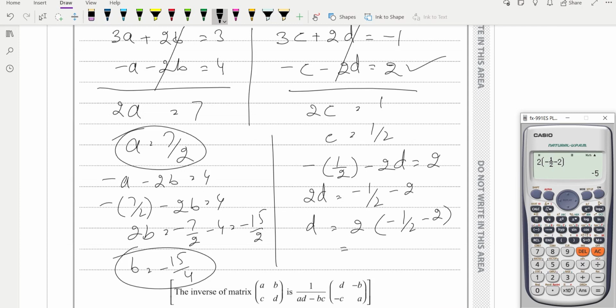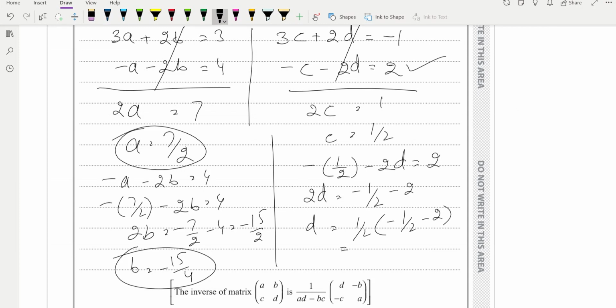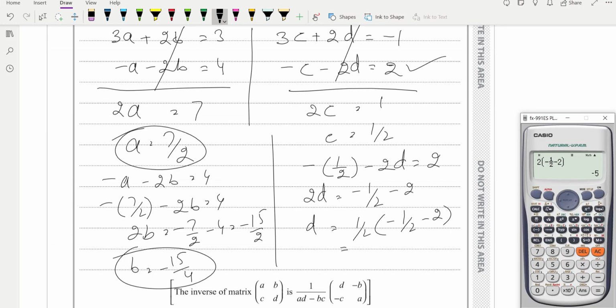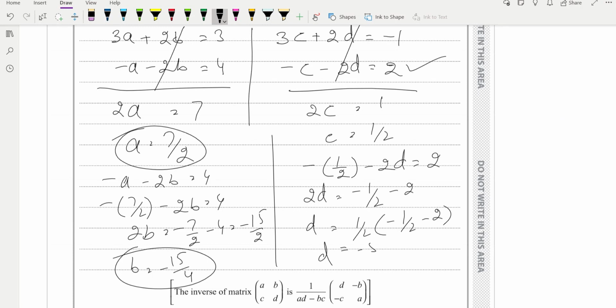This should be 1 by 2 because we have shifted this 2 as denominator. So d is 1 over 2 into the bracket minus 1 over 2 and minus 2, and this is equal to minus 5 by 4.